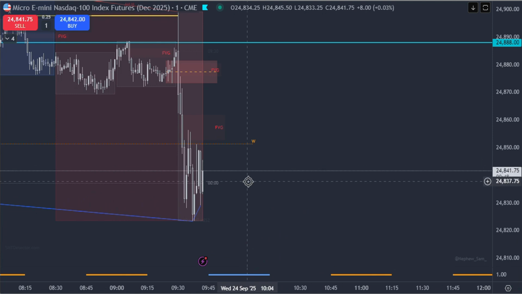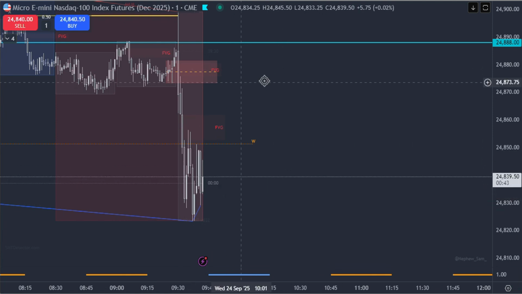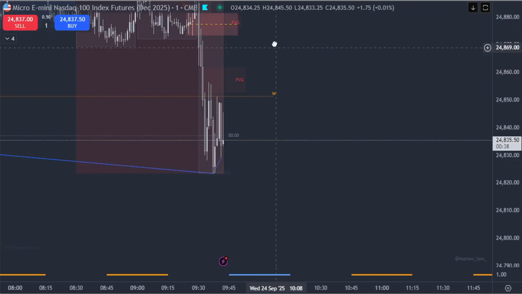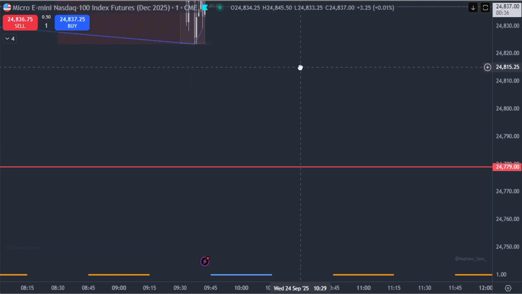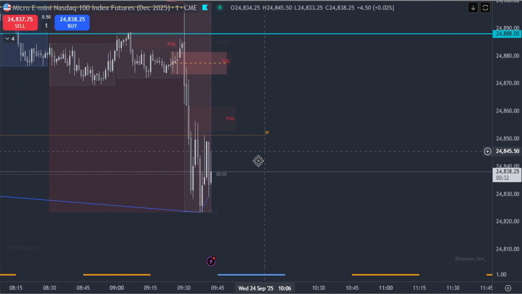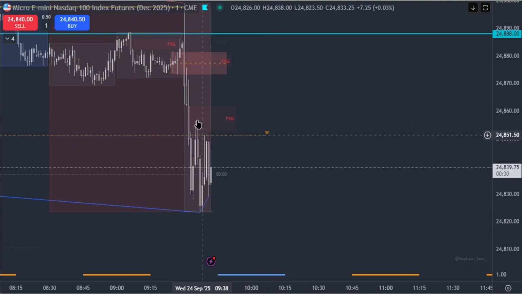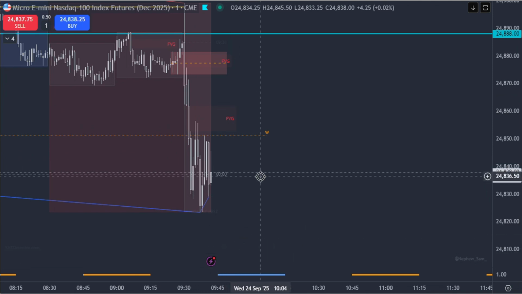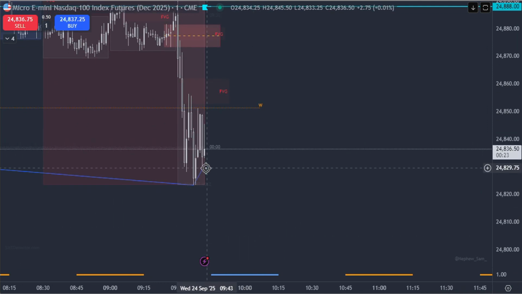So we're approaching our time, our window. So we know all of these highs were already swept, right? And our sell side liquidity has not been taken. So now we're going to look for a 1 minute POI or a 1 minute entry to target the lows, right? So we're going to look for shorts.